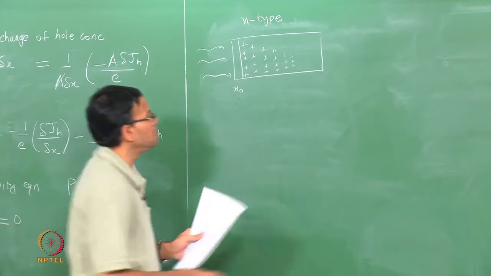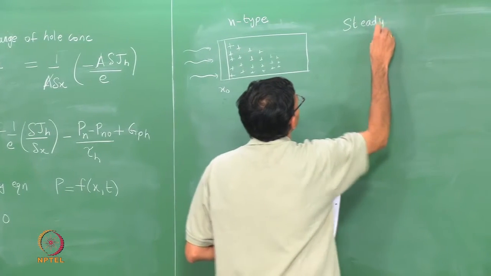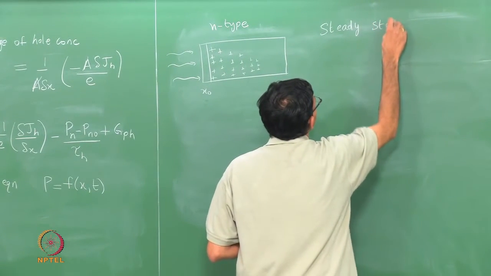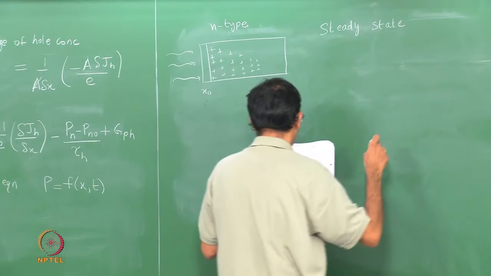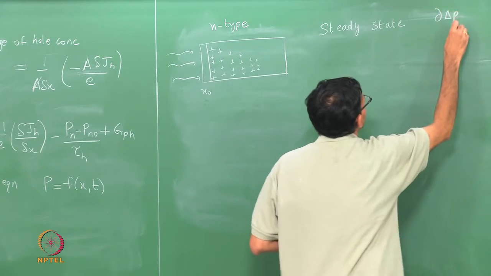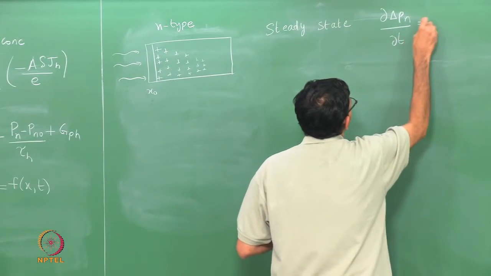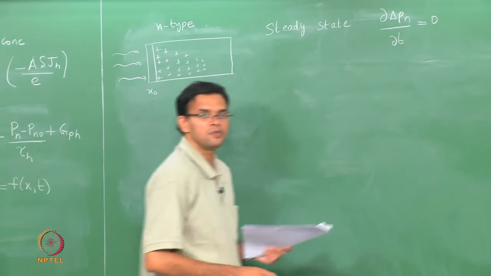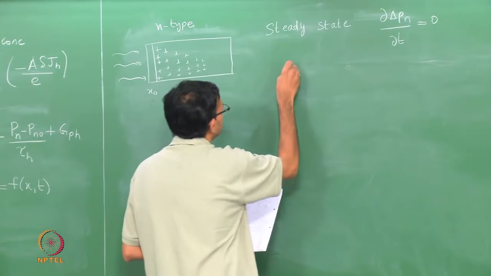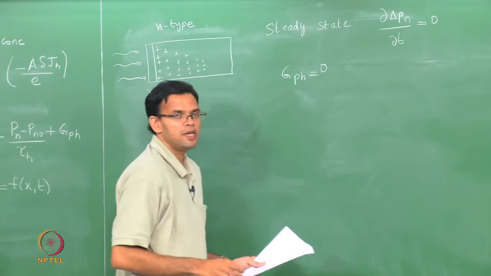So, we are considering the system at steady state, so that dou delta Pn over dou t is 0. We also have a system of illumination only at the surface, so that Gph is 0.